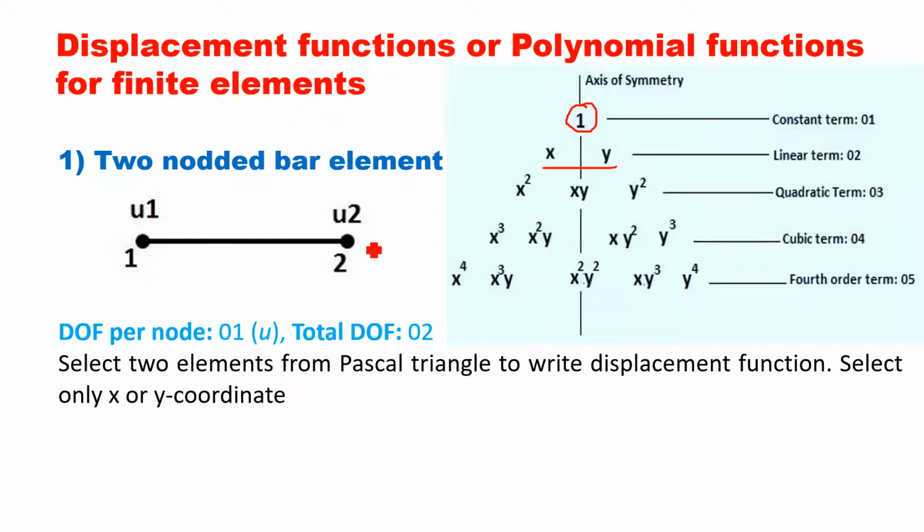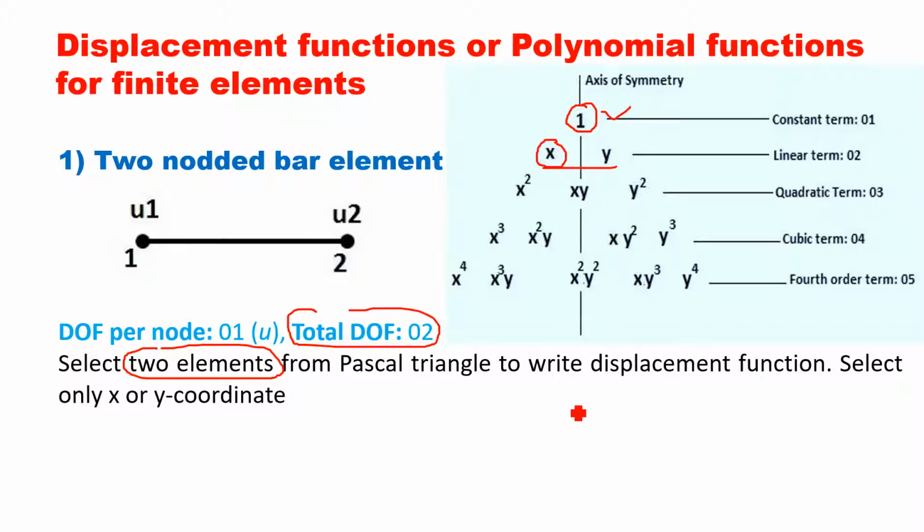If that bar element is vertical in direction, we can select y also. In that case we have to select only y, not x. So at a time either x or y we can select, because bar is a 1D element. So since we have to select 2 elements from the Pascal triangle, first element is 1, and out of these 2 the second element will be x, right?